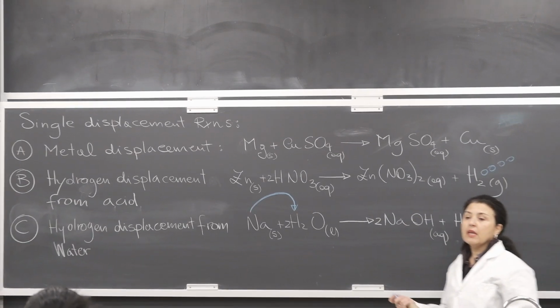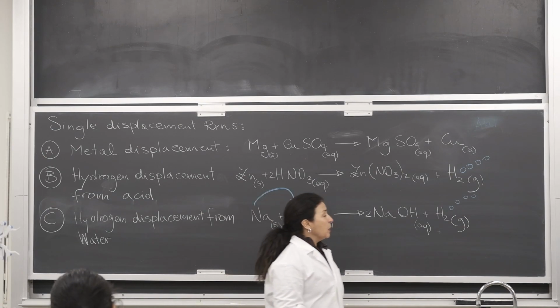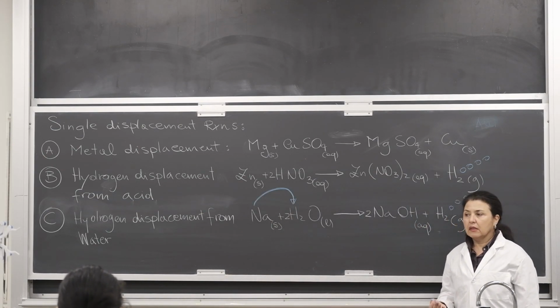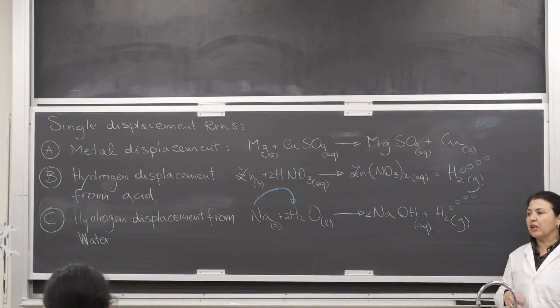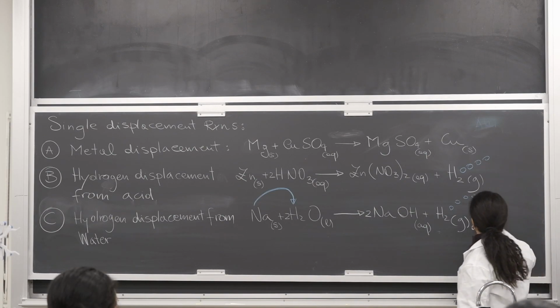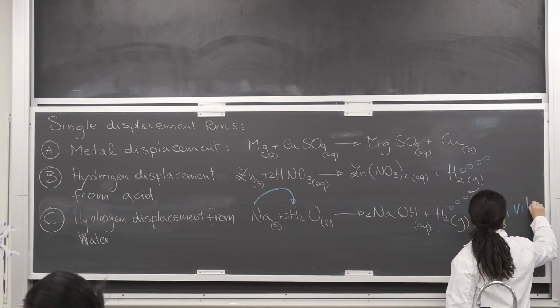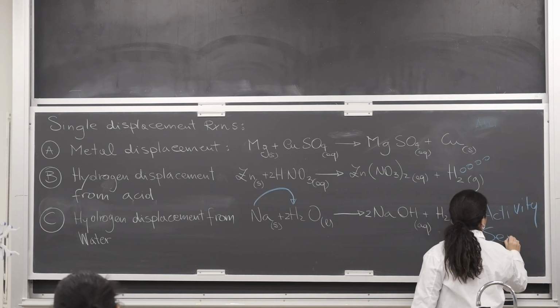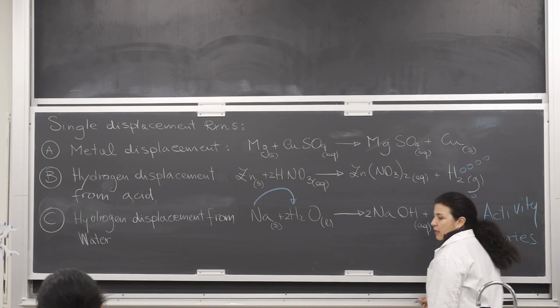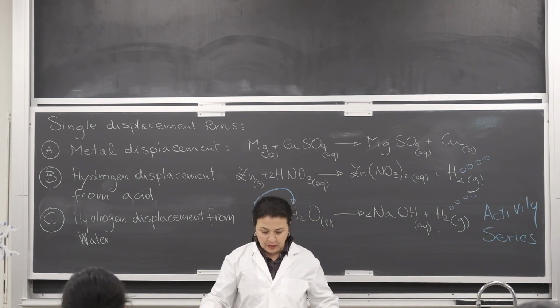How do we, if we cannot perform all the reactions today, right? So how do we predict the rest of the reactions that you work on for the at-home assignment? We use the activity series that you have in appendix A, B, or C. Which one?